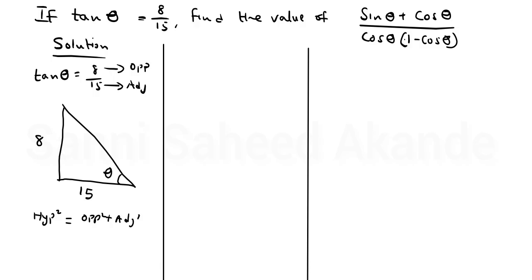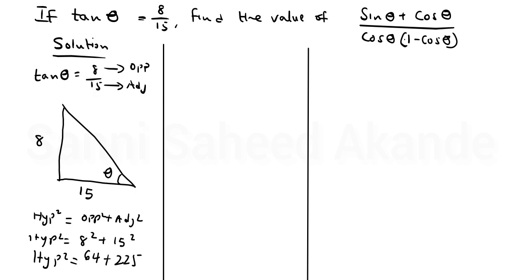So hypotenuse squared is equal to 8 squared plus the adjacent, which is 15 squared. So hypotenuse squared is 8 squared, which gives us 64, plus 15 squared, which is 225.